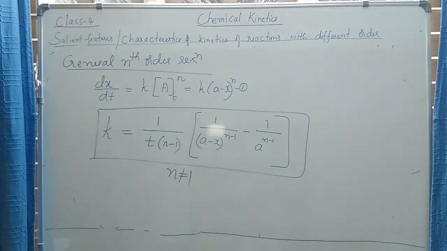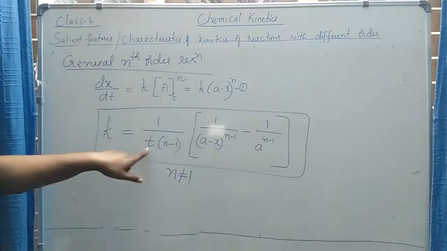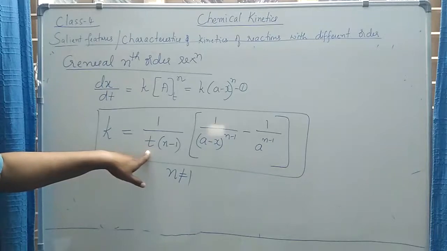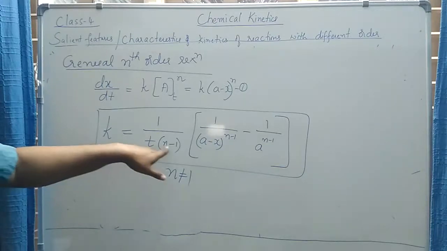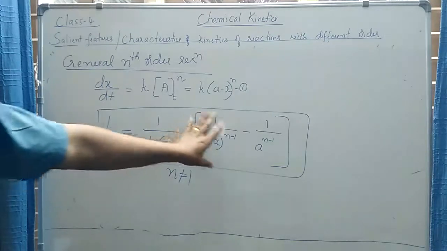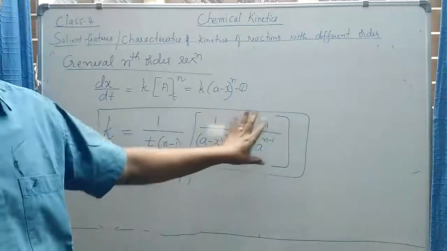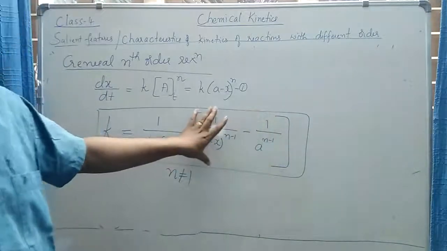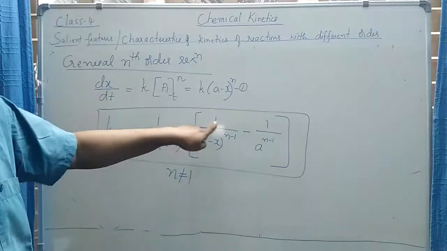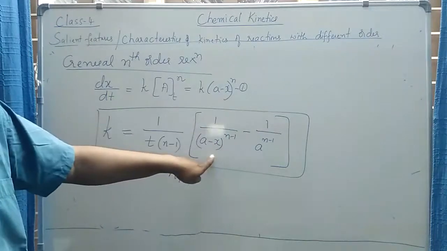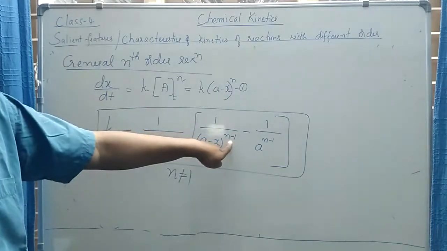What is the unit of k now? So if you look at the RHS, you have 1 by time, n minus 1 has no unit, both the first term and the second term are the same. So let me concentrate on this term. You have unitless quantity divided by concentration to the power n minus 1.